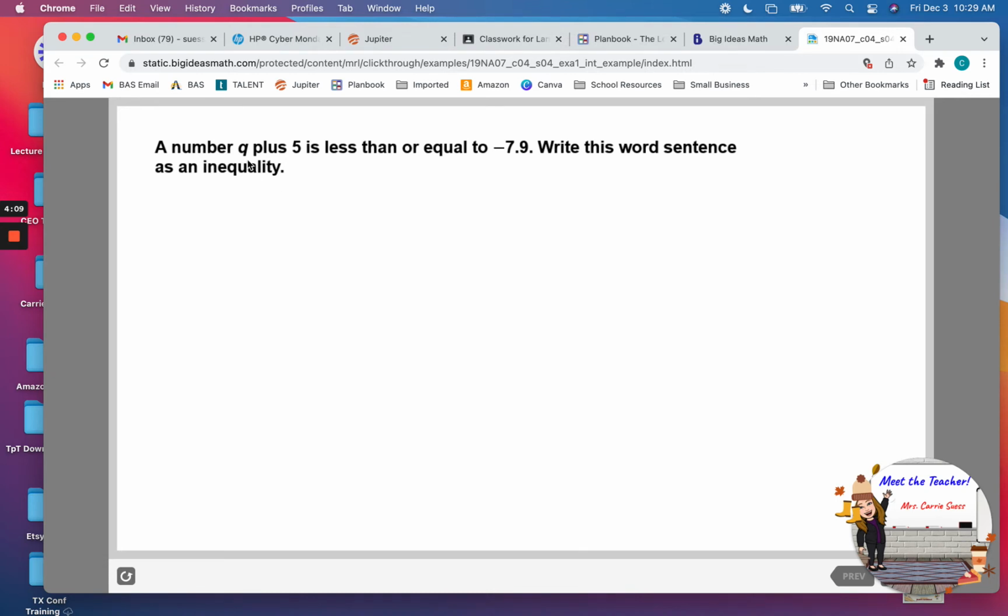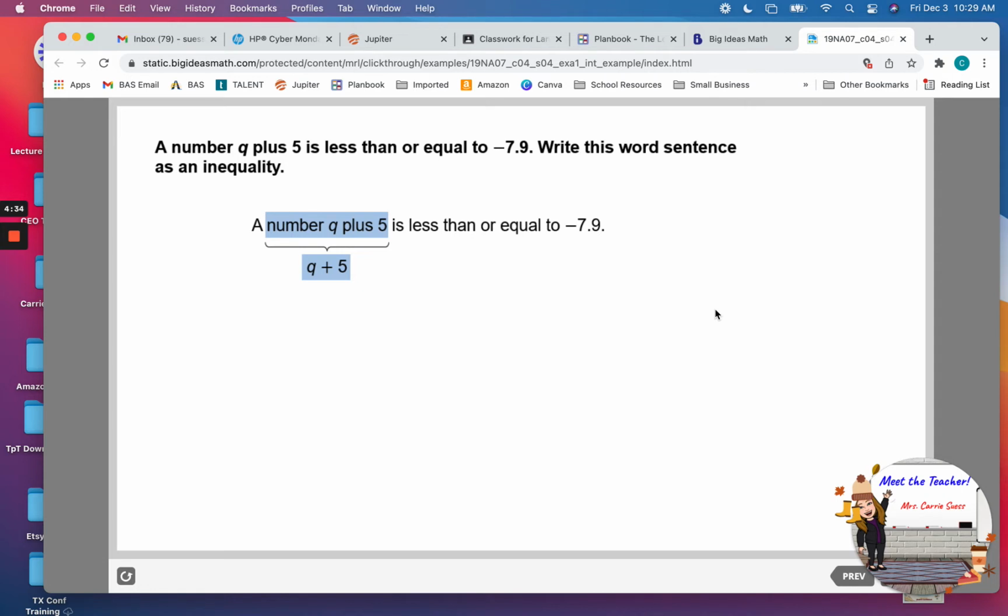A number, q, plus 5. How would I write that on here? You would write the letter Q plus 5. Because it says a number Q. They tell you what they want the number to be. It's not an actual number. It's a variable. A number Q plus 5. When you hear the word is less than, what kind of symbol are you going to write?